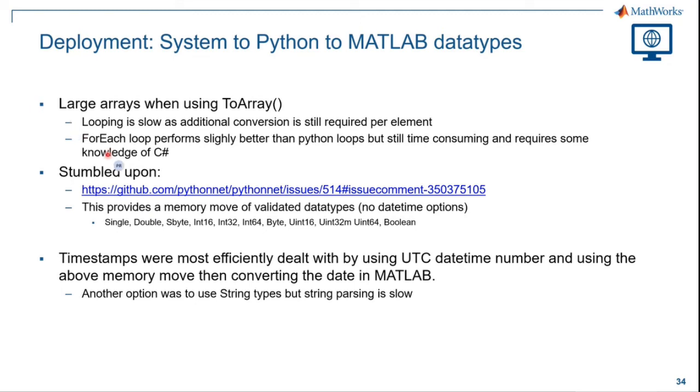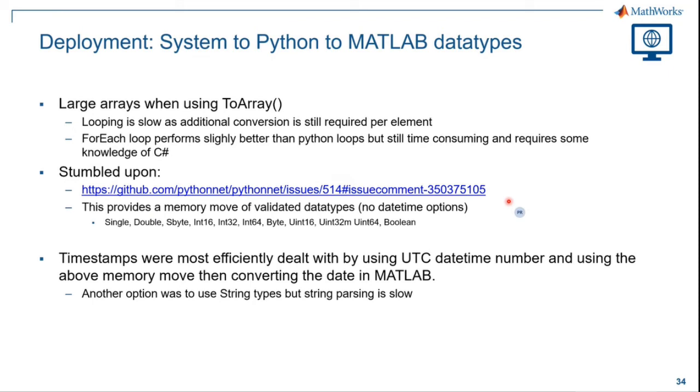There are various ways to skin this proverbial cat. One of them is to use for loops, looping through the arrays or the constructs, and then converting each cell or actual data point individually. These are typically quite time consuming, especially when you compare it to the next comment, which is a GitHub post.